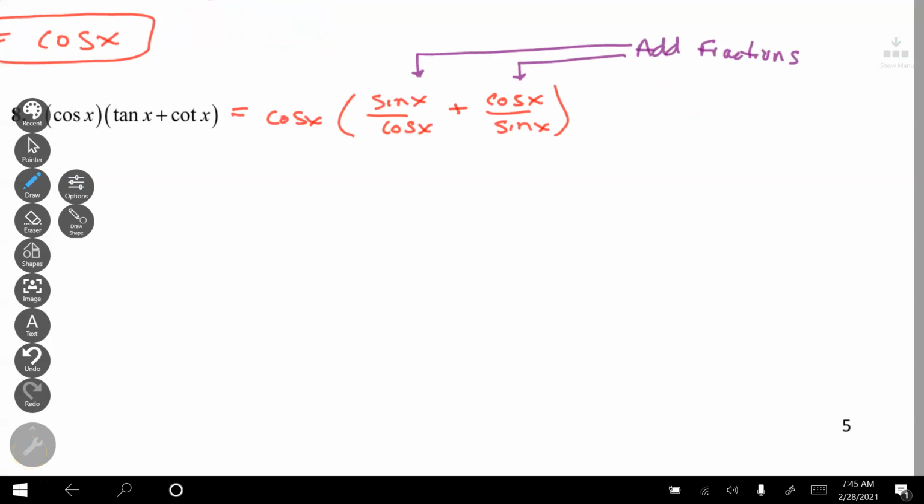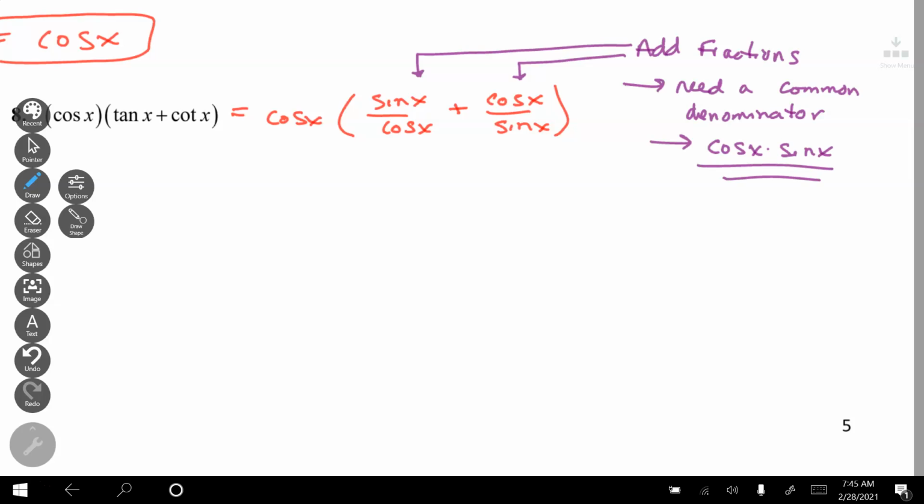So I need to add these two fractions together. That means I need a common denominator. That hasn't changed ever. I don't care if it's numbers, algebra, or trigonometry. I need a common denominator. For this problem, the common denominator is just multiplying the two denominators together: cosine x times sine of x.